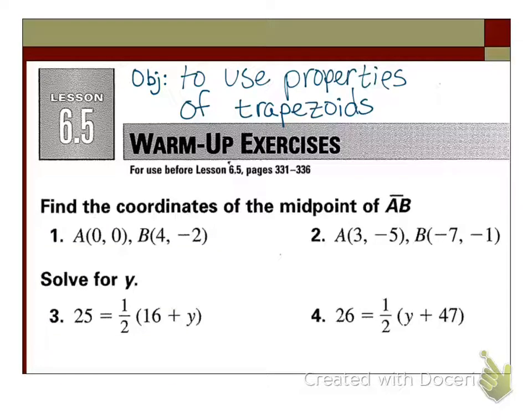Find the coordinates of the midpoint of segment AB. Who remembers how to find a midpoint? What do we need to do with those numbers? You're almost on the right track, kind of.